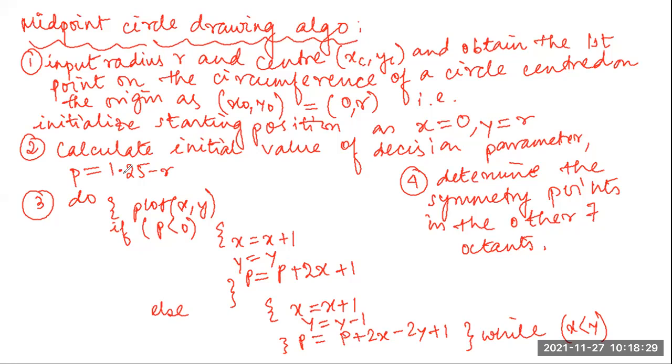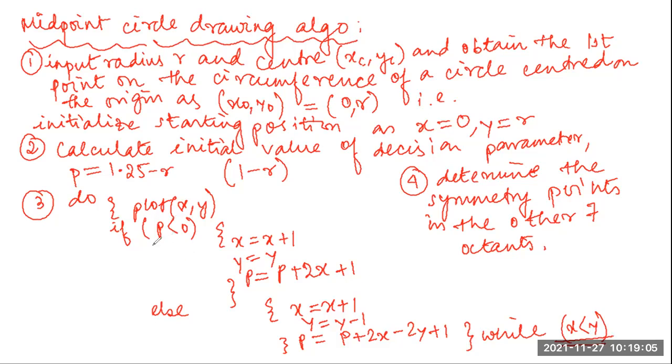In most books, in order to use integer arithmetic so that it becomes easier, the formula used is 1 minus r. We will be using this only, 1 minus r. Okay. Now, there is a do while loop whose stopping condition is that it will continue till the value of x is lesser than the value of y.